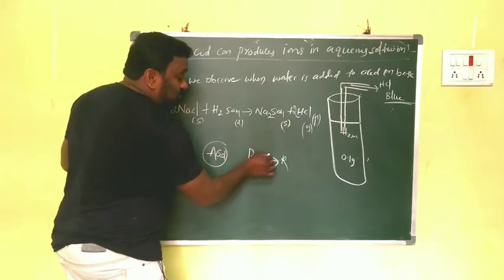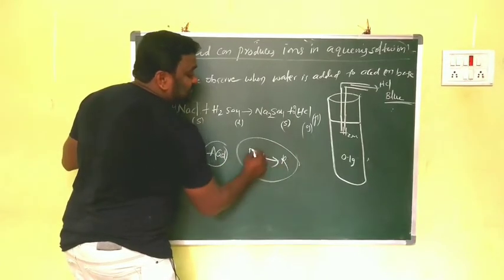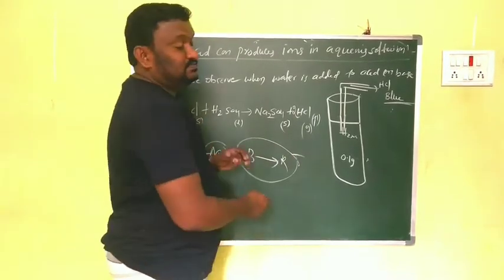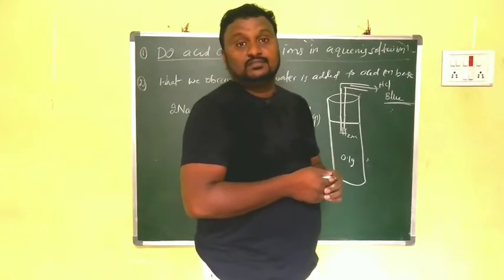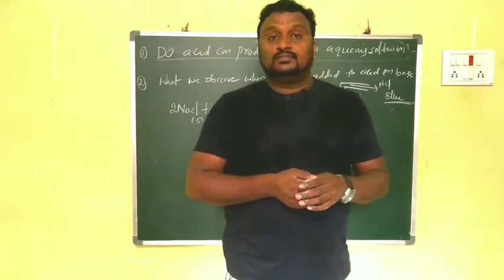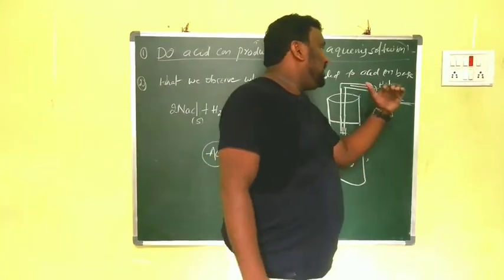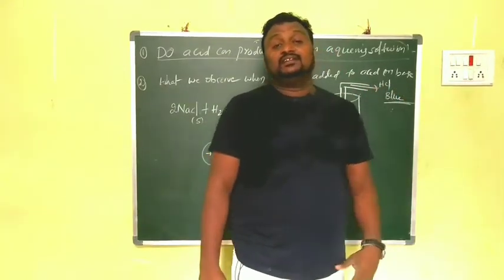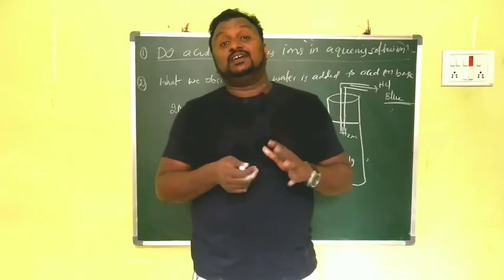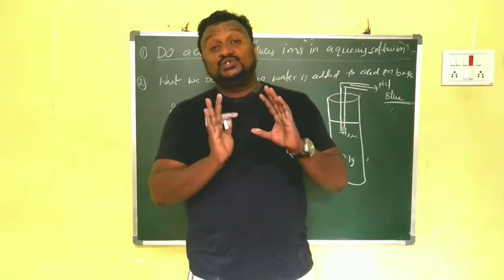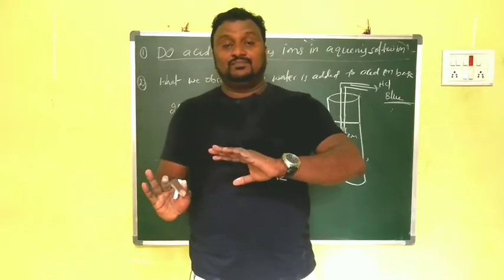For an acid, blue litmus changes into red litmus. Then only it is an acid. But in this case, when we keep blue litmus paper there, there is no change in its color.